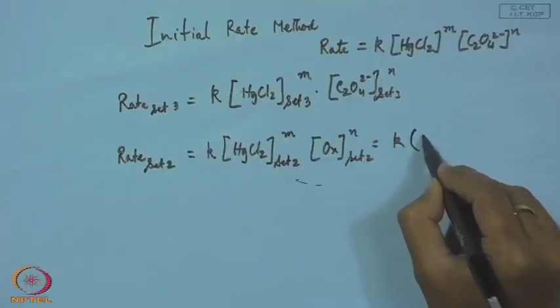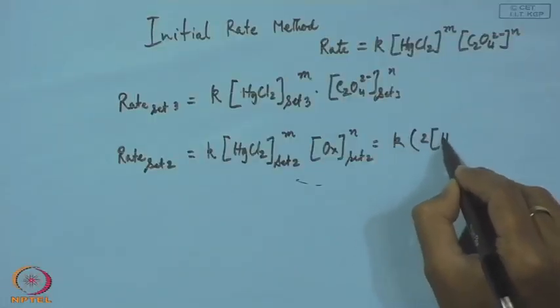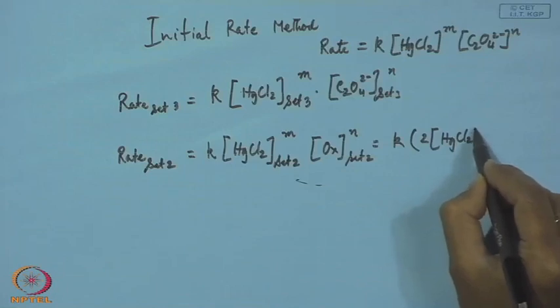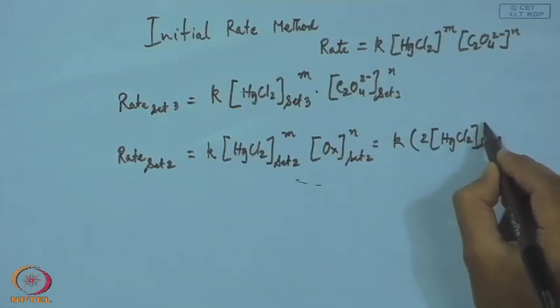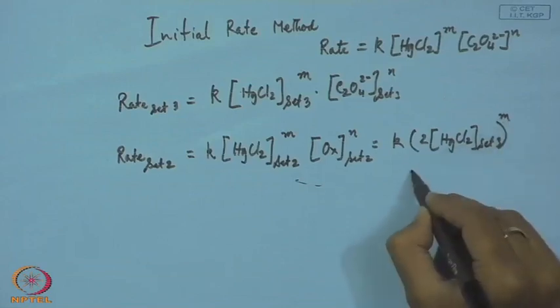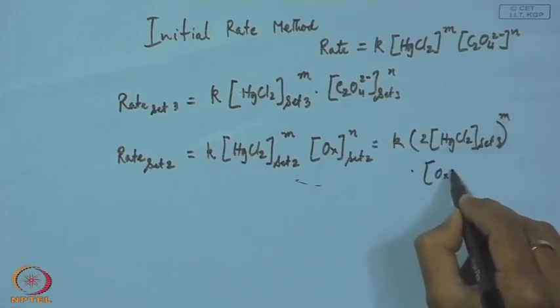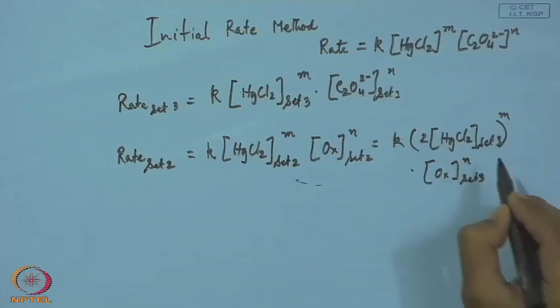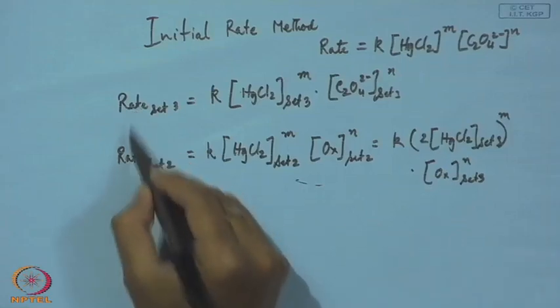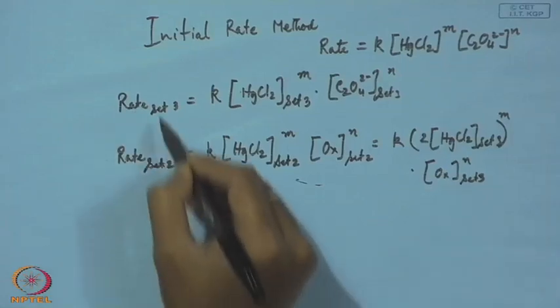So, that means 2 times [HgCl2] set 3 to the power m times oxalate set 3 to the power n. Okay. So, now we divide this by this, or set 2 by set 3.